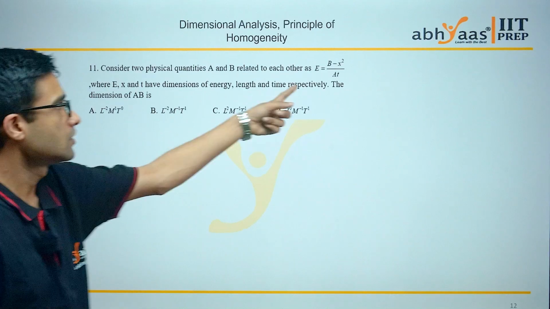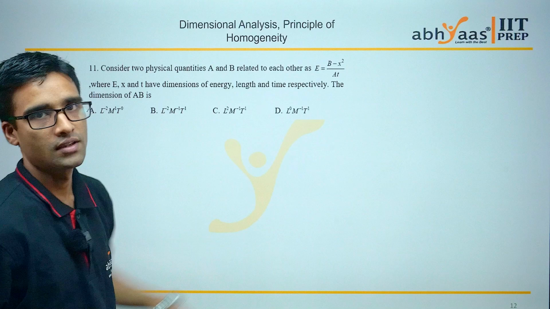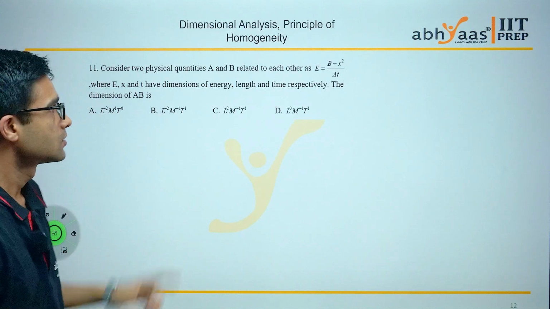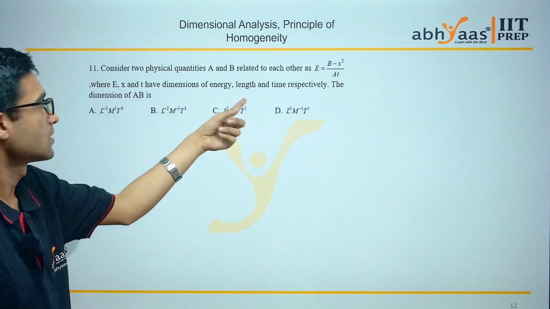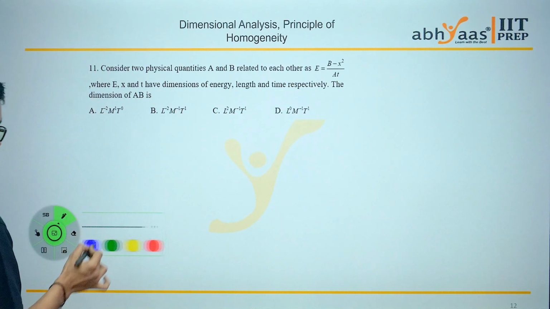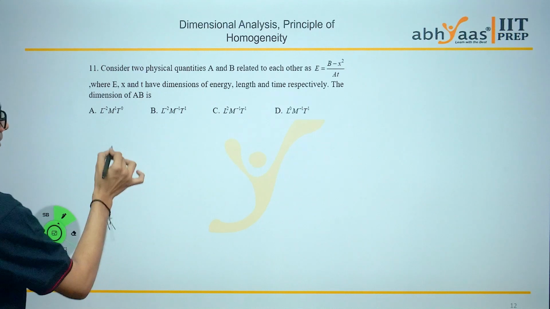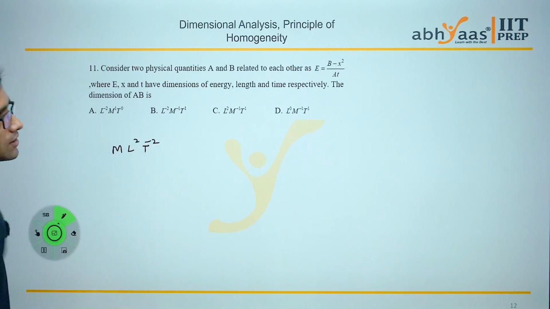Next question. He has given E equal to B minus x square by AT. So B minus x square by AT. Here E is the energy, x is the distance, length, T is the time. So if you observe, here energy can be written as m L square t power minus 2, that is the dimension formula.